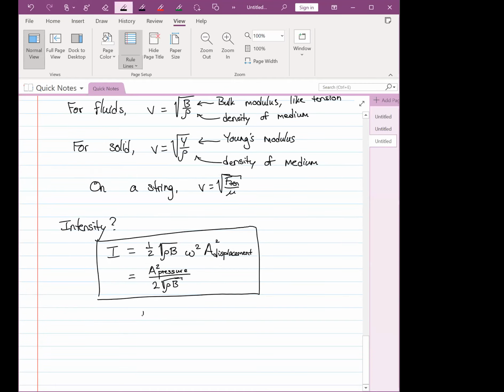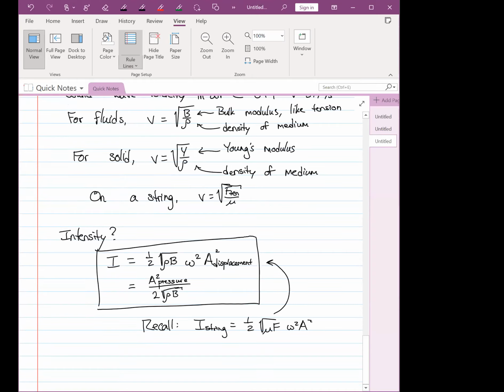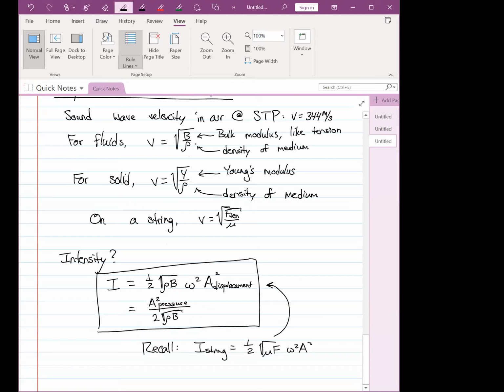Now, just as a quick reminder, the intensity on a string was 1/2 the square root of mu F, times omega squared, times A squared, which looks an awful lot like the intensity of a sound wave written in terms of its displacement wave. Mu is replaced with rho, F is replaced with B, as in the velocity, and everything else is the same. So again, there's something big happening here. All of these wave properties are descriptions of some underlying universal phenomenon that occurs in nature, and that's why these things are related.